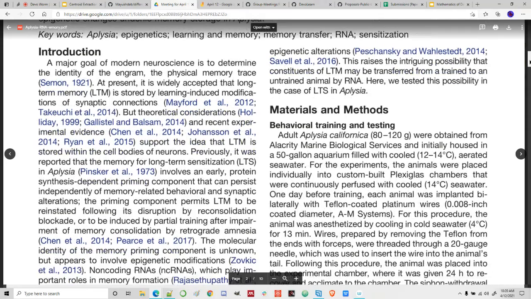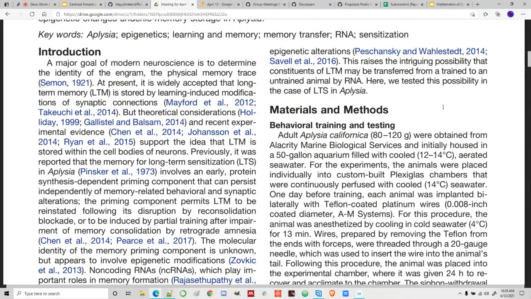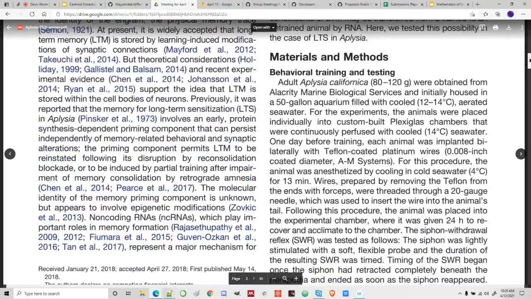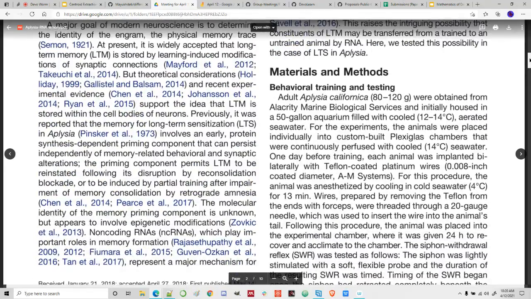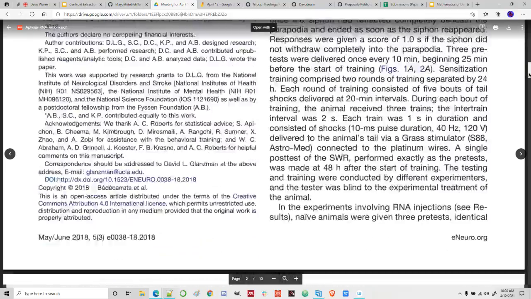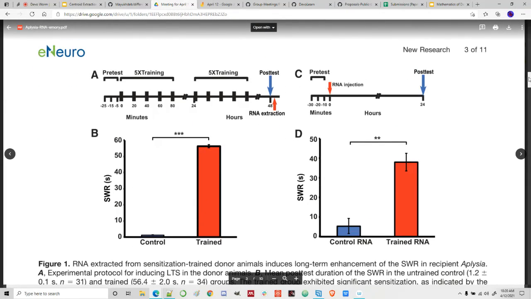So this is, again, a model organism for learning and memory. Aplysia californica is a common model organism. They train one of them, habituate it basically, so they expose it to some stimulus and observe this habituation.